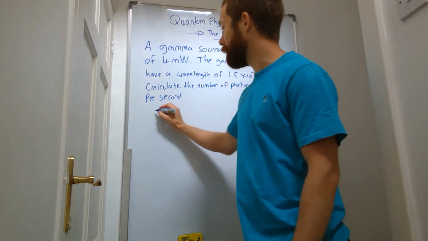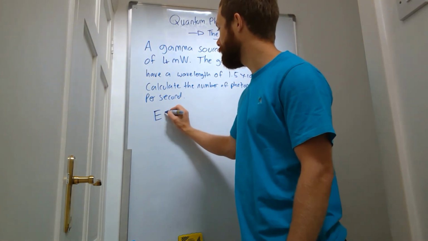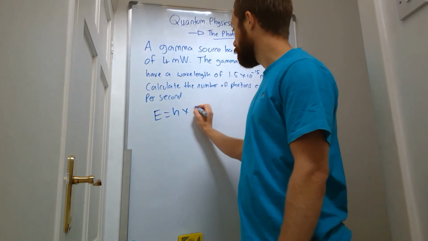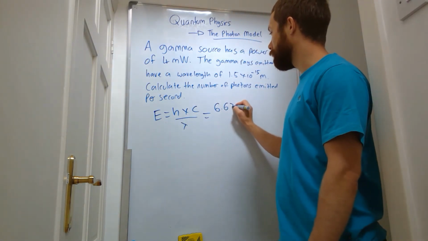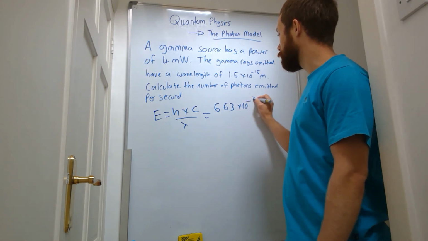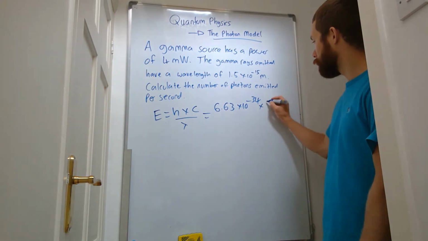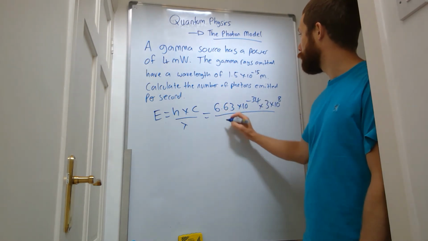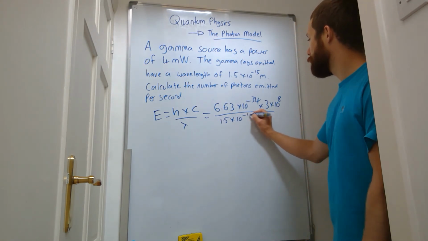First of all, the energy of each gamma photon. E equals h times c over lambda, since we've got wavelength. That's 6.63 times 10 to the minus 34 times 3 times 10 to the 8, all over 1.5 times 10 to the minus 15.